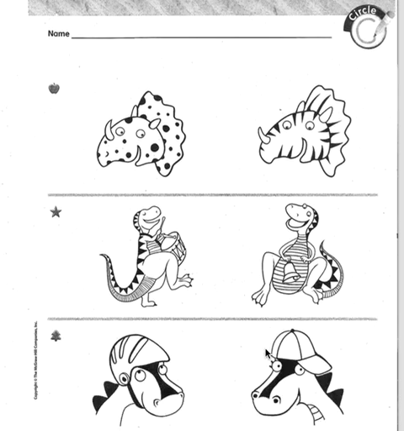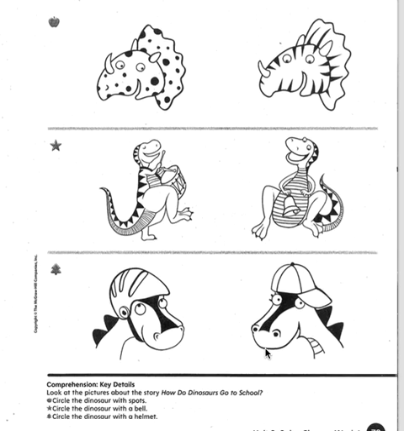Put your name at the top. The directions are: look at the pictures about the story How Do Dinosaurs Go to School? Here in our apple row, circle the dinosaur with spots.